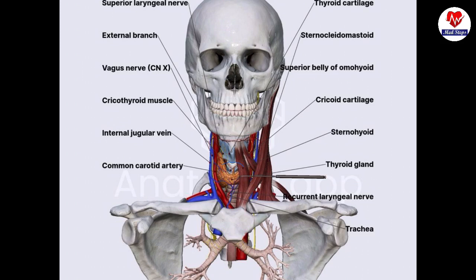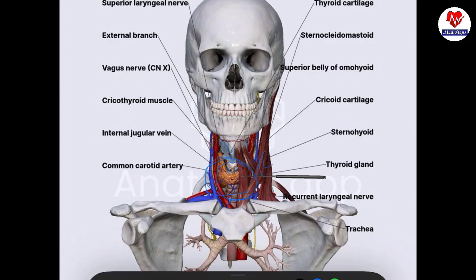This is the anterior part of the thyroid gland. In the anterior part, you can see skin and platysma, and then the strap muscles, like omohyoid and sternohyoid.